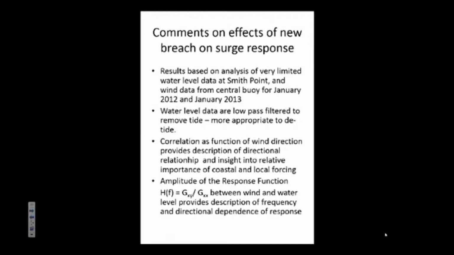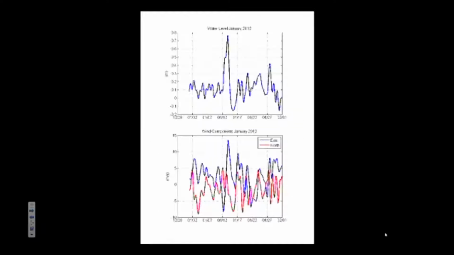So first, some simple results for January 2012 and January 2013 at Smith Point. And pictured here are some pieces of the data. The top figure is the low-pass filtered water level. The range goes from minus 0.2 to 0.8 meters.